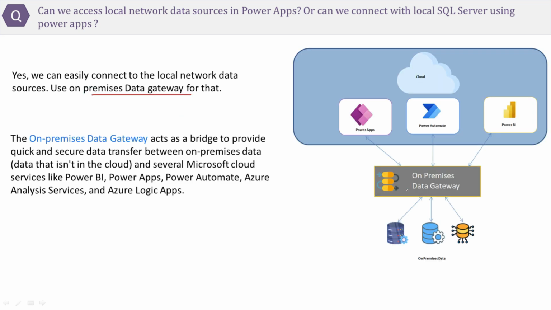The on-premise data gateway acts as a bridge to provide quick and secure data transfer between on-premise data, the data that is not in the cloud, and several Microsoft cloud services such as Power Apps, Power Automate, Power BI, and Azure Logic Apps. By using a gateway, the data source stays local, but these cloud services can still be used.